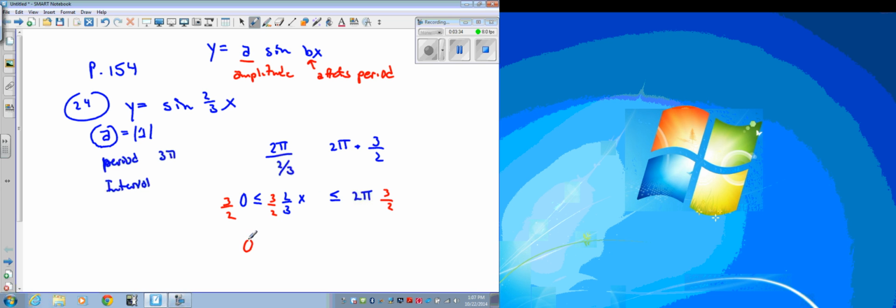And then it's going to be 0 less than or equal to x. And then you can see this comes out. And then if you wanted to figure the period here, you would subtract this from that. But the interval, this is going to be the interval. The reason I'm doing this is that sometimes when you get a phase shift, this won't stay at 0. It'll go different. And then in order to make sure that your period is right, whatever this is, you want to subtract from that, and that tells you how far it's doing its wave over.